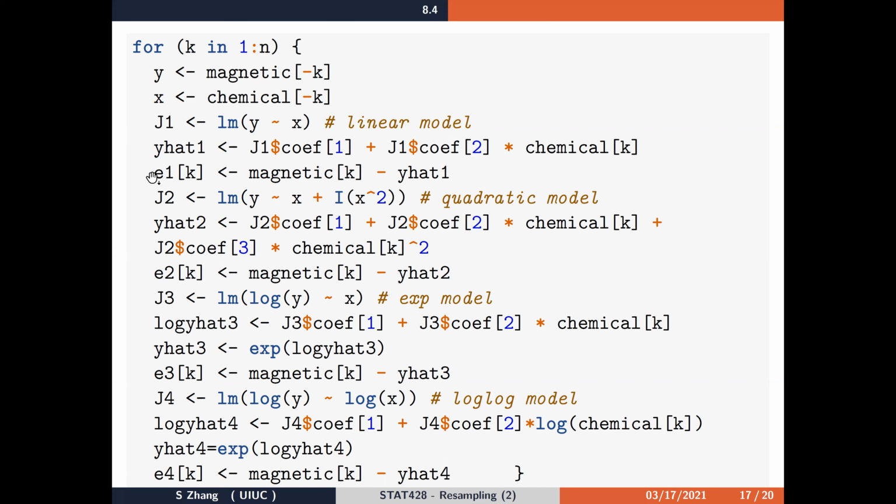And then E1 of k, which is the residual or the error computed for the kth observation, will be the kth observed value minus y hat, which is the prediction based on the particular model by plugging in the kth x. So this is essentially the difference between yi and y hat of i. And we do this for each of the possible models.